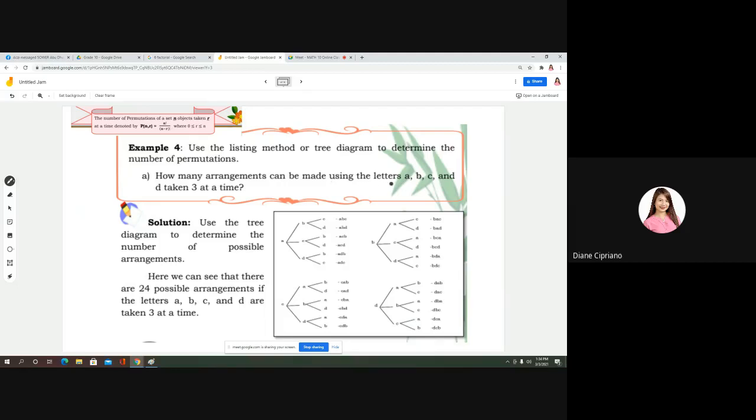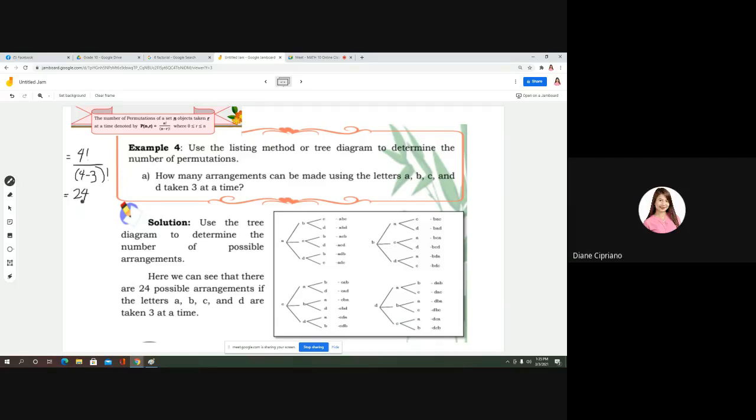So, how many arrangements? Letters A, B, C, and D. How many objects do I have? 4 po, ma'am. 4 objects. How many times will I take that object? Tatlo po, ma'am. Tatlong beses. So, this is the formula, right? What is 4 factorial, Biel? 24 po.